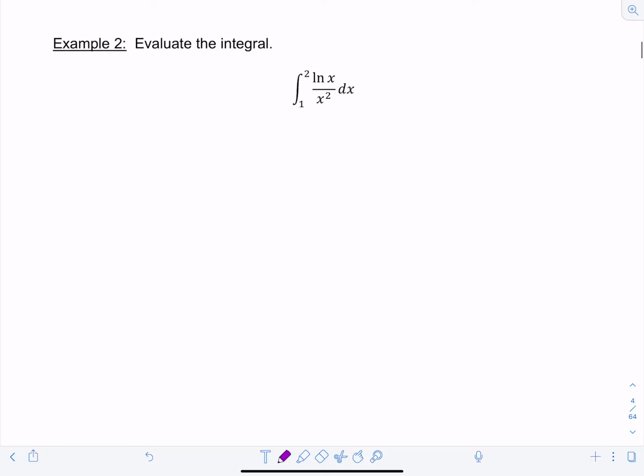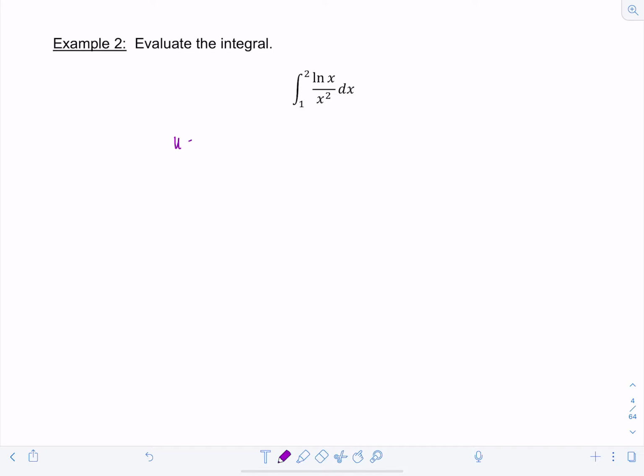So example 2, evaluate the integral. This time it's a definite integral. We have limits of integration, so we'll look at how to deal with that. Okay, so I have the definite integral from 1 to 2 of natural log of x over x squared dx. So I'm going to apply the acronym and let's see if choosing the logarithmic function works for u.